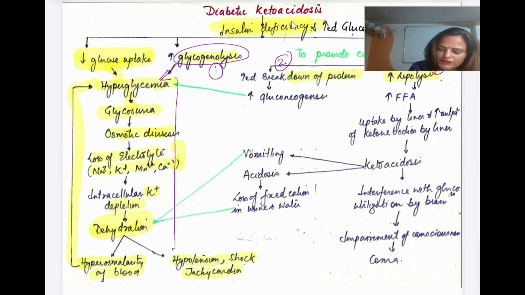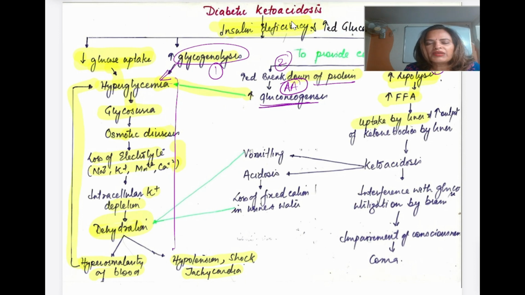With the breakdown of protein, amino acids will be released, and these participate in gluconeogenesis. This leads to a further rise in glucose level. Now coming to lipolysis, the breakdown of lipids causes the release of free fatty acids, and these are taken up by the liver.